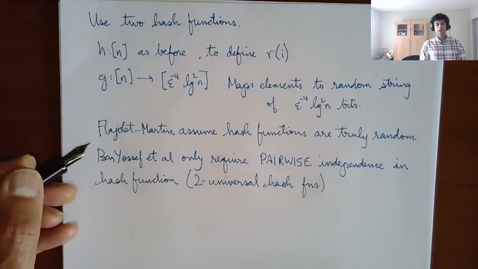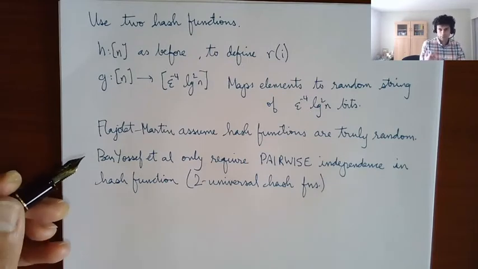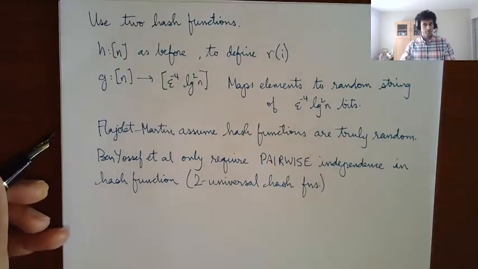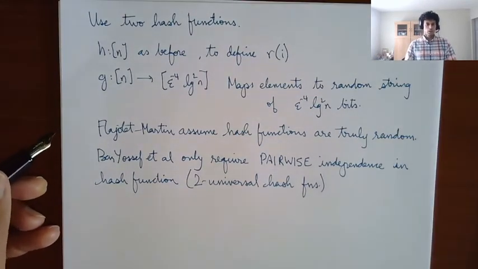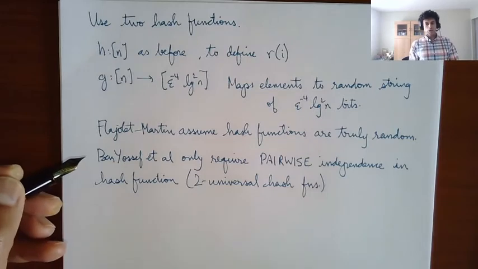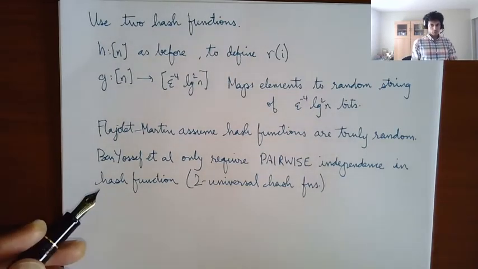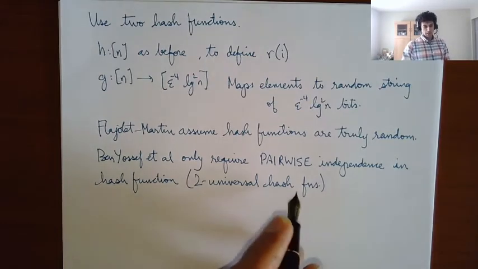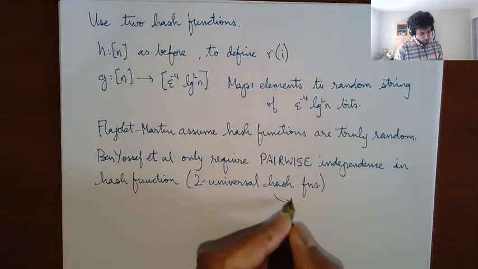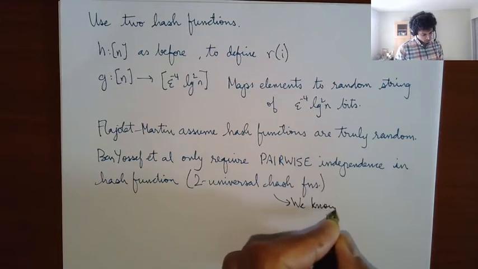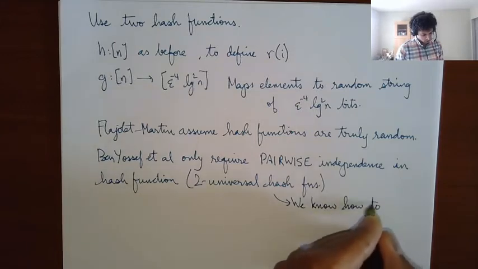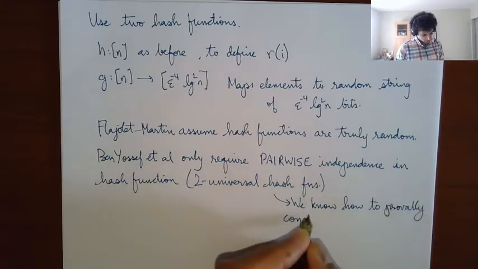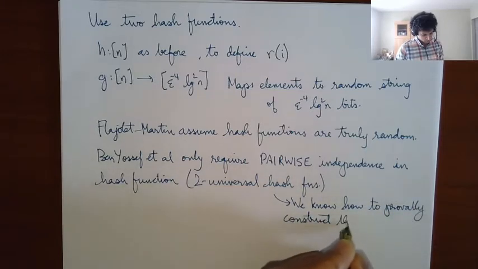If you assume the hash functions are truly random, then you can just use Flajolet-Martin, you use probabilistic counting, we have a correction factor, we get an unbiased estimate. Bar-Yossef et al. only require pairwise independence in their algorithm, so this is a weaker assumption. This requires two-universal hash functions, and we know how to provably construct these.